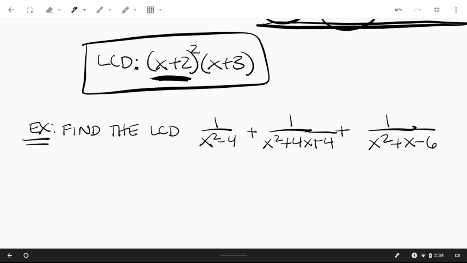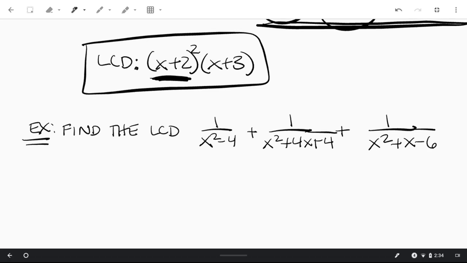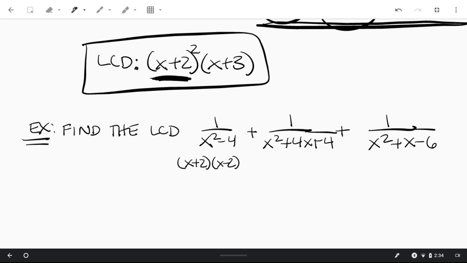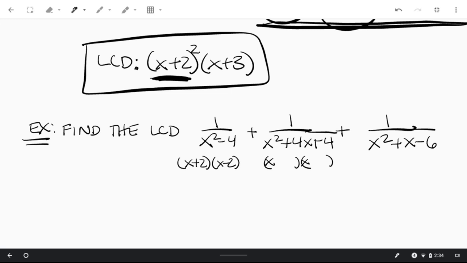Okay, so this first one factors out to x plus 2, x minus 2. The second denominator factors out as, let's see, x. We need positive and positive, and we need 2 and 2.